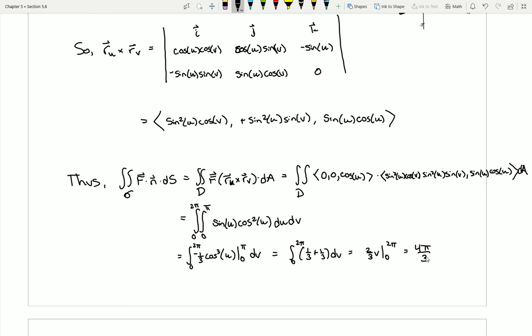So if I think about again what this means, and that's very important to be able to do, what did we just calculate here?